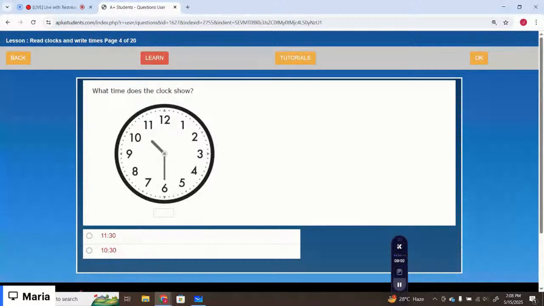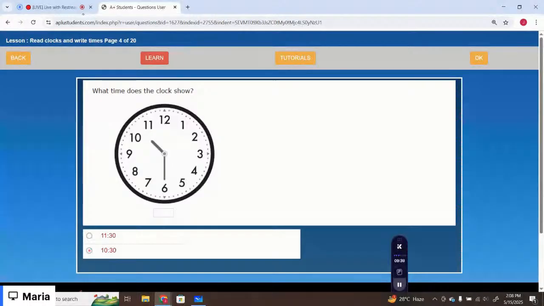What time does the clock show? So, which is the correct option? That is 10:30. Option number two is the correct option. 10:30.